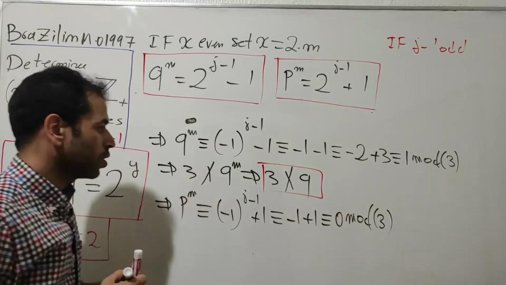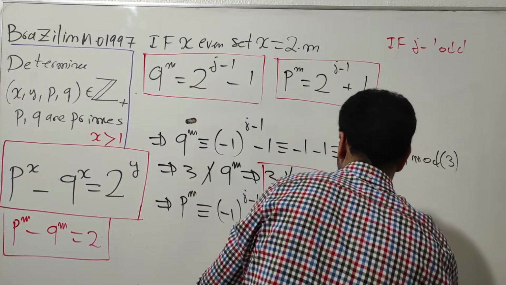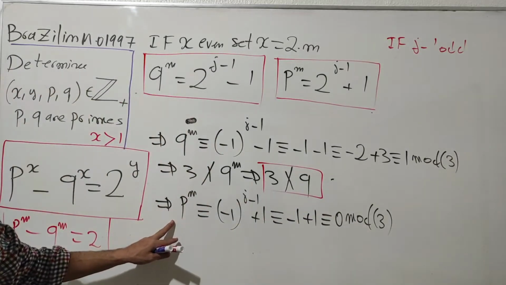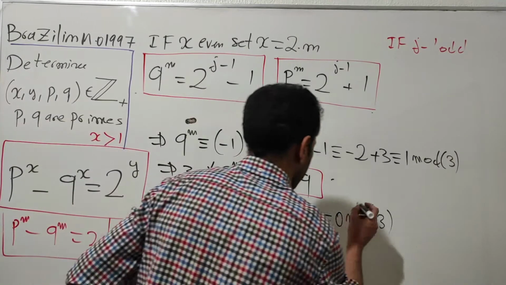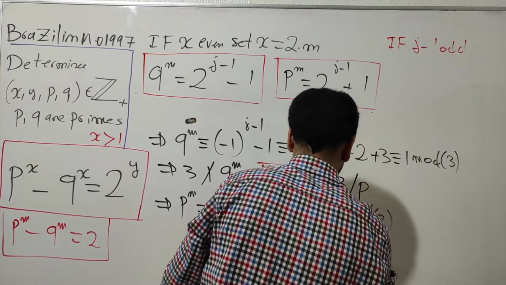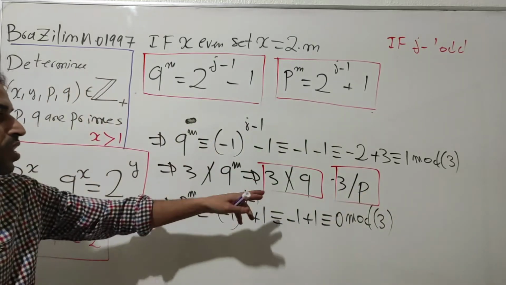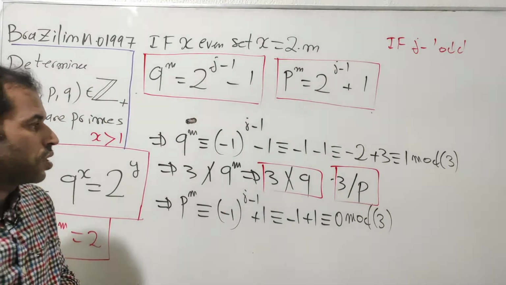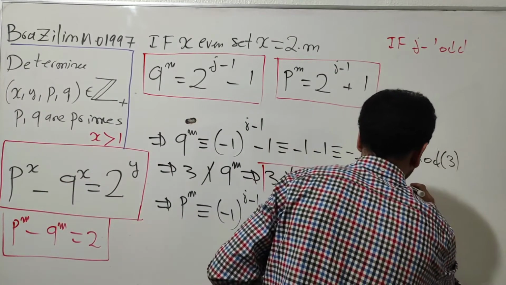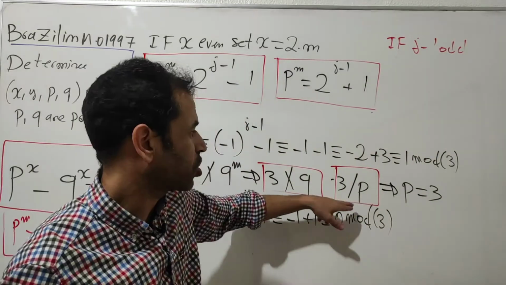Okay, so since we get 0 as a remainder, this is arithmetically telling us 3 divides p to the m. In other words, 3 divides p. So I have 2 nice facts here. I get 3 divides p. At the same time, I have 3 does not divide q. That means p is going to be 3 because p is a prime.